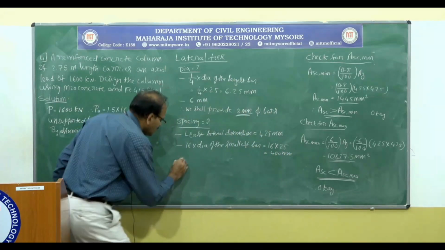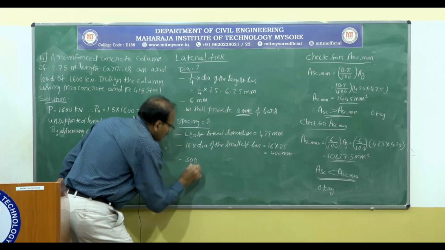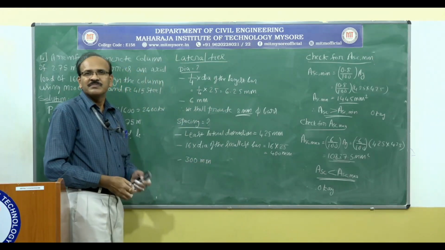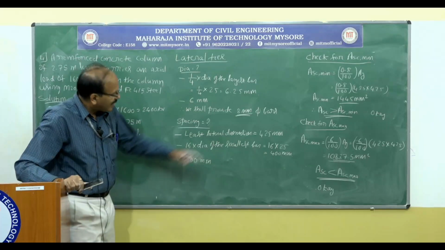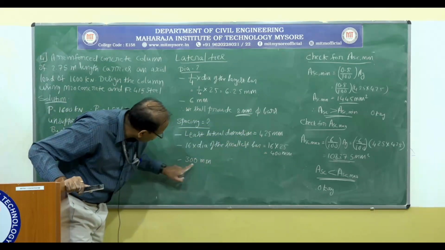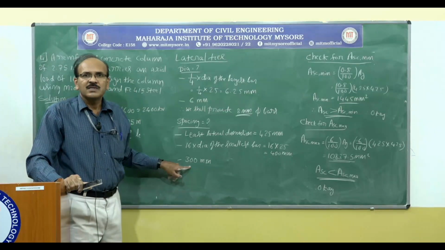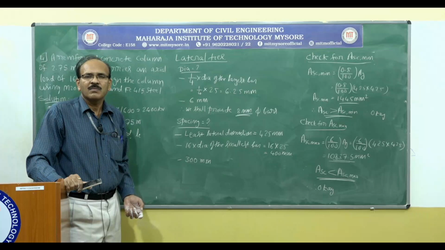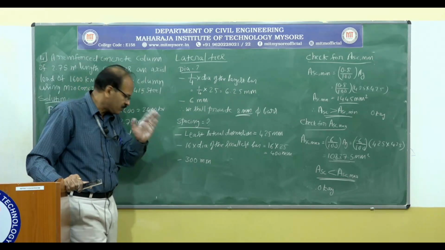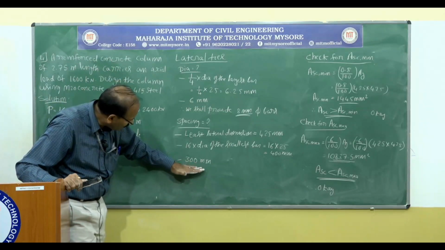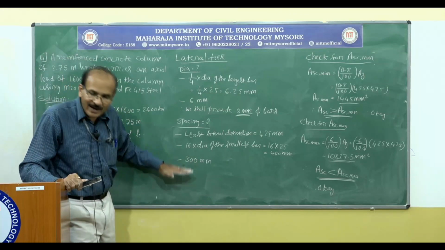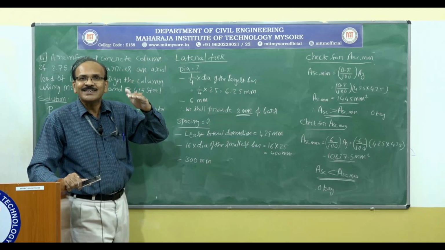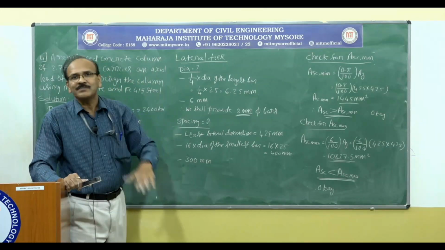And also the code says at any cost the spacing should not exceed 300 millimeter. Take the least of these three values as the maximum spacing of the lateral ties. Maximum spacing in the sense you have to provide the lateral ties at a spacing of 300 millimeter or lower.